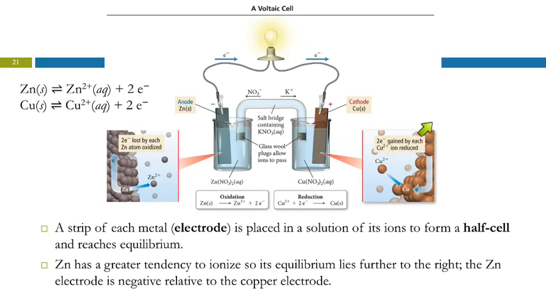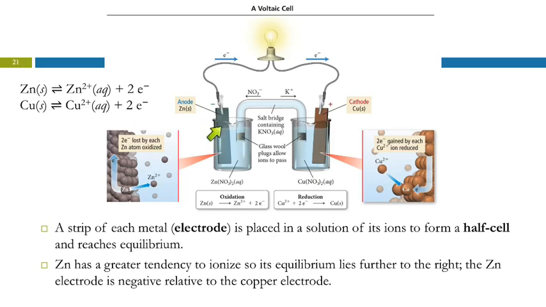At this copper electrode, the 2 electrons that are coming over from the other side are given to a copper ion, which becomes a copper atom. And so the chemical reaction is accomplished. The zinc is being oxidized, the copper ion is being reduced, but we force the electrons to travel through a wire and do something for us, like the light bulb.